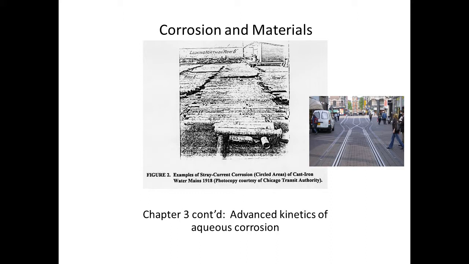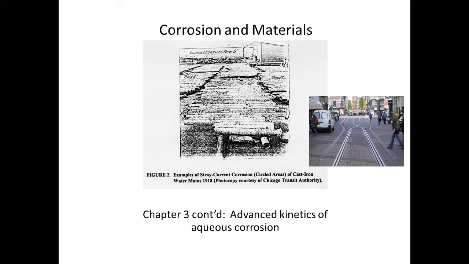In this case, in Chicago, we have in this photograph evidence that some of the DC current drawn into the substation was pulled from adjacent metal infrastructure in the ground, such as these water pipes. And where the water pipes immediately crossed underneath the track, the bits where the cast iron water pipes were closest to the track become anodes, and an ion current begins to flow which involves dissolving metal from the pipes, and an ion current flows through the ground, discharges onto the rails, which were nicely protected by this process.